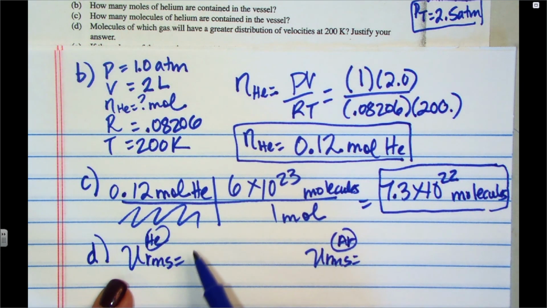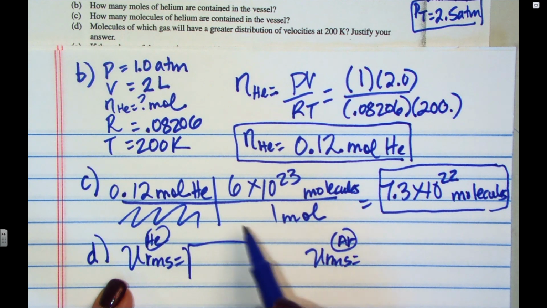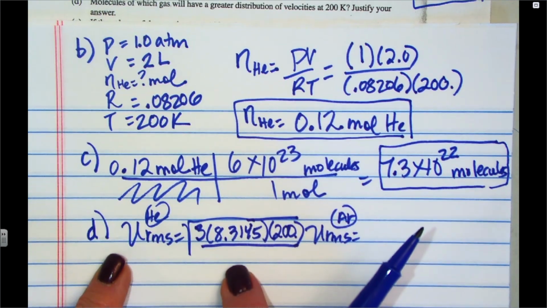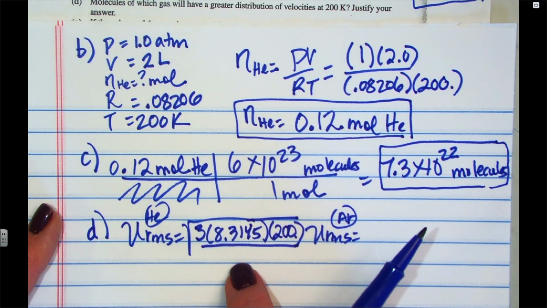So if you do the Erms equation for the helium, you're going to have the square root of 3 times, remember, it's RT, so that's 8.3145. You've got to use the joule per Kelvin mole. 200 Kelvin is your temperature. And remember, for the Erms equation, you've got to have your molar mass in kilograms per mole.